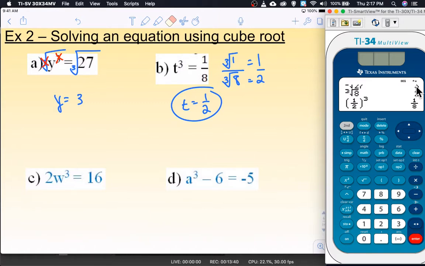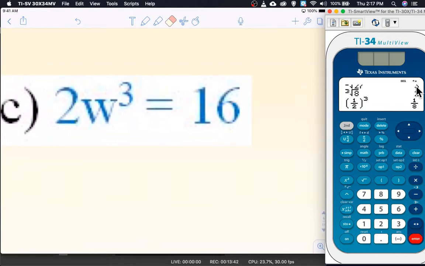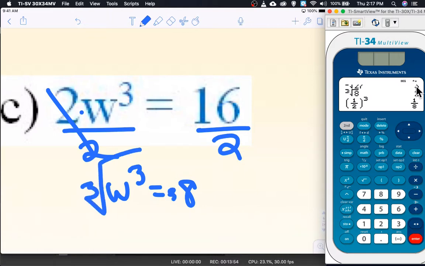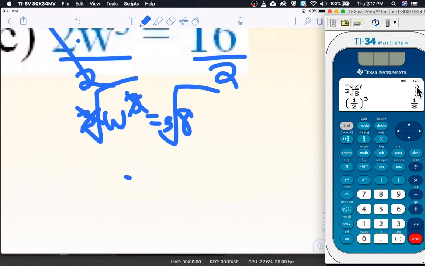All right, so we are going to start by dividing by 2 to cancel out the multiply by 2. W cubed equals 8. I'm going to cube root each side, and the cube and cube root cancel, giving me just W equals the cube root of 8. We actually still have it on the calculator right here. The cube root of 8 is 2.